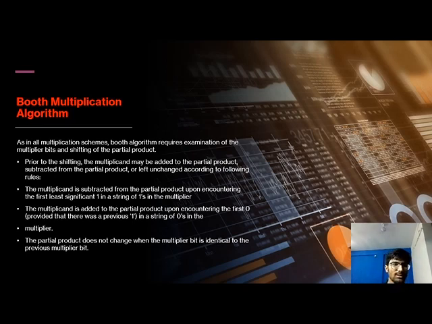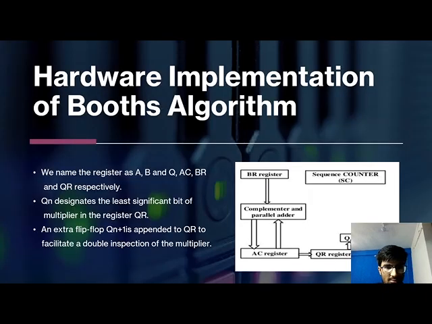The major method is the Booth multiplication algorithm. In the Booth multiplication algorithm, we can also multiply two negative numbers like minus 9 and minus 13. So here the Booth algorithm is used. Now what is the hardware implementation of the Booth algorithm?